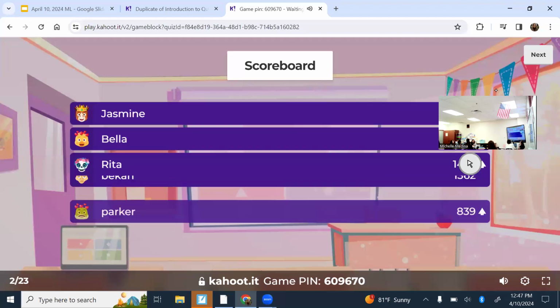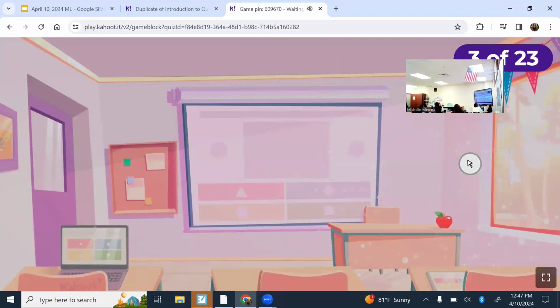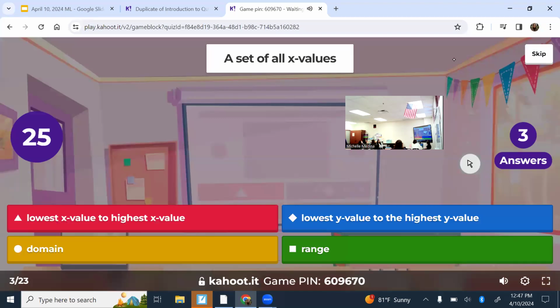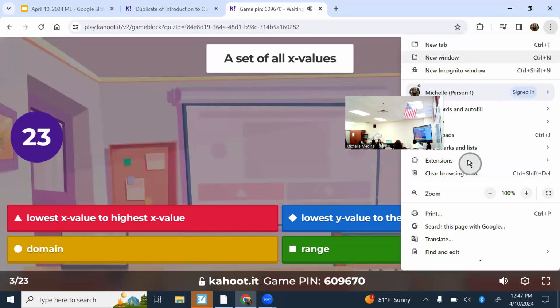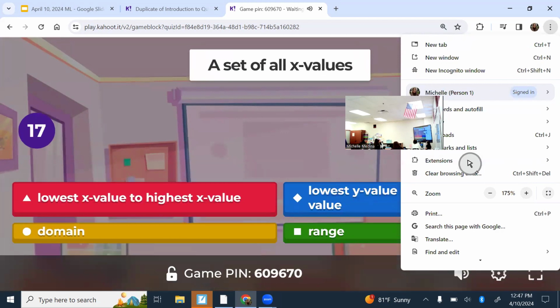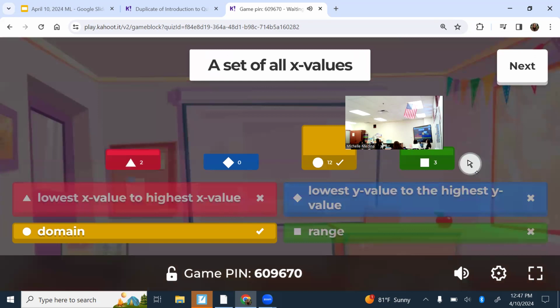All right, next one. Remember, take notes as we go. I'm checking as we go too. A set of all the x values. Okay, domain. Domain is all the x's in the function.